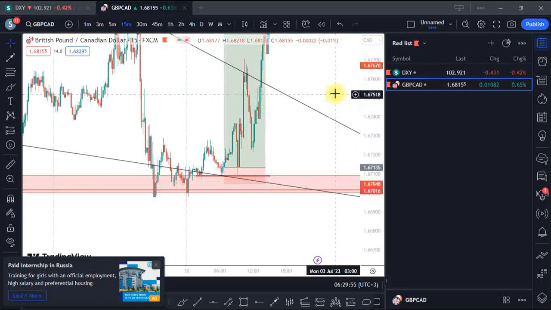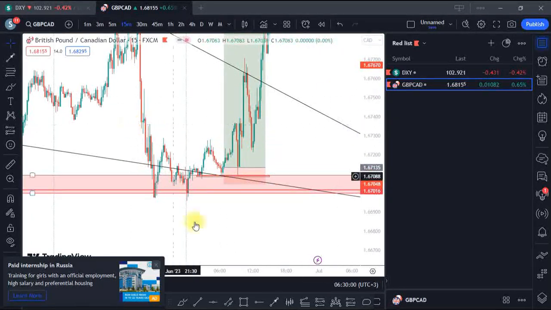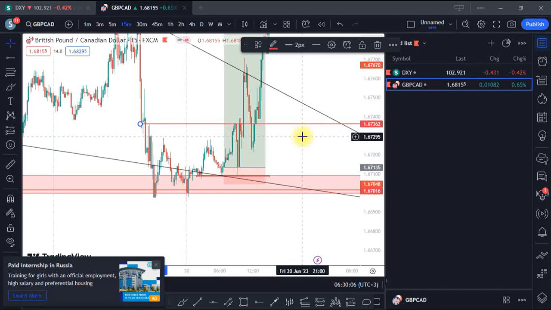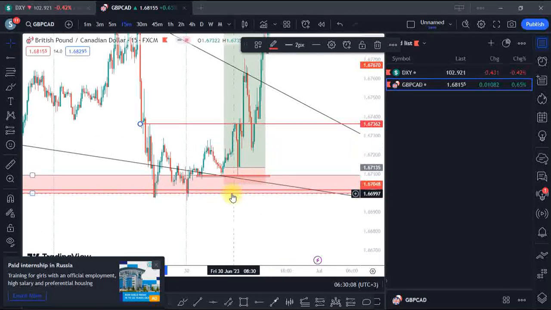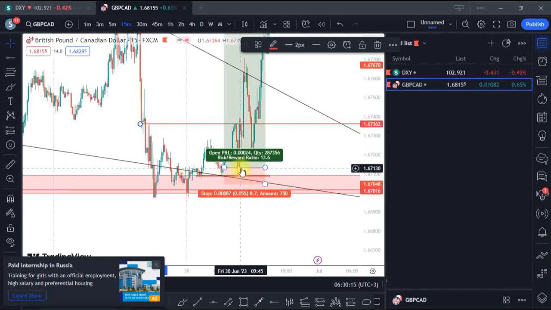So I took it there, and then it started moving up. When it got to this point here, it reacted to this level. I was a bit panicked, but I held my position. I didn't put in break even yet, so I waited for it to pull back. As it pulled back here, I added more positions.